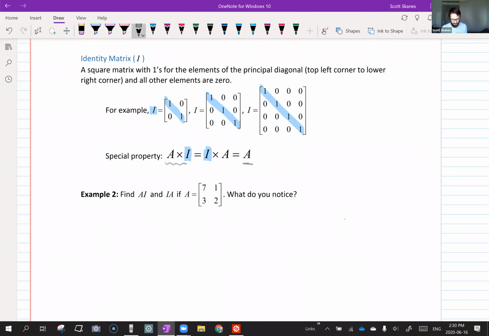It acts like a 1. The identity matrix for matrices is like a 1 for regular numbers. Just like if you had the number 5 and multiplied it by 1, it's the same as 1 times 5. It just gives 5 back.